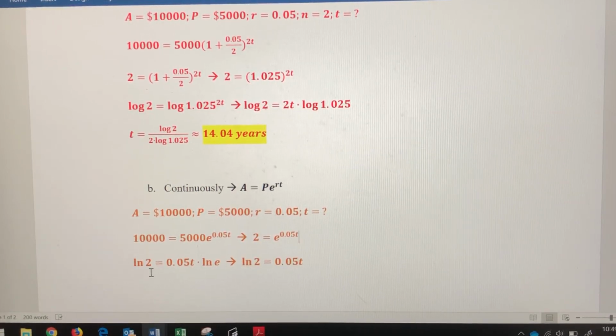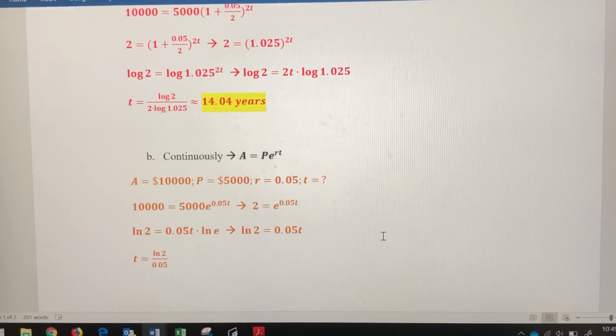So natural log of 2 equals 0.05t. Divide both sides by 0.05. Use a calculator, and we get approximately 13.86 years. So again, I knew it was going to be quicker than 14.04 years, but not significantly quicker. You can see we've got a very small difference there. But still, that rule of 72 helps you understand that my answer is going to be somewhere around 14.